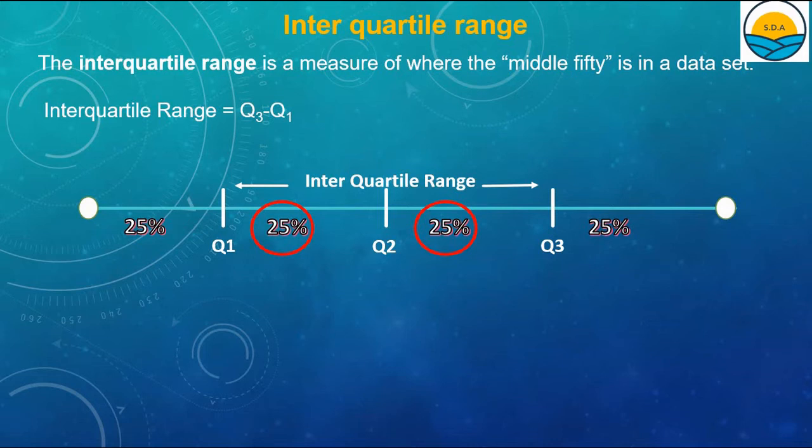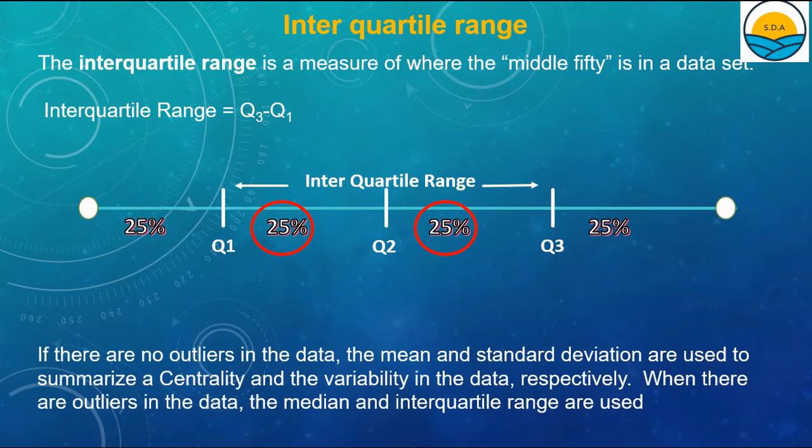One of the prime benefits of using interquartile range as measure of dispersion is that it eliminates outliers, because any outlier, if it exists, it has to exist in either Q1 or at the other extreme end, which is theoretically Q4.